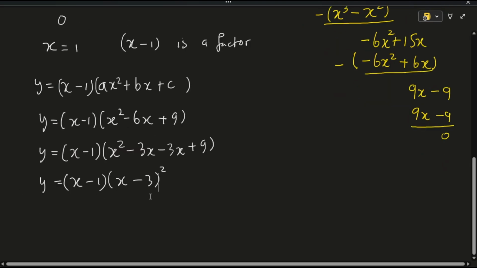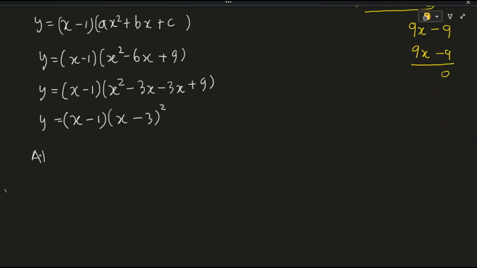so in this factorized form, we can now go ahead and answer the first part of the question, which is to determine the points at which this polynomial cuts the coordinate axes. So at the y-axis, we put x equal to 0.